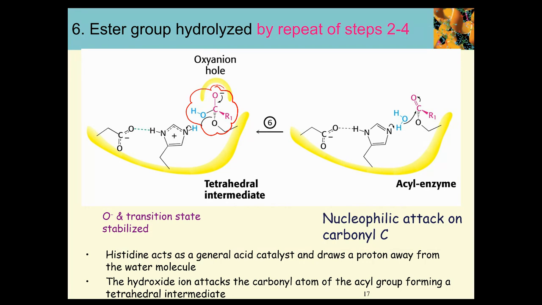So we have another spot where you have this kind of awkward looking structure where it's still attached to the enzyme. This was from the previous slide, so we're going this direction to this one. And we have another tetrahedral intermediate because the water did nucleophilic attack.